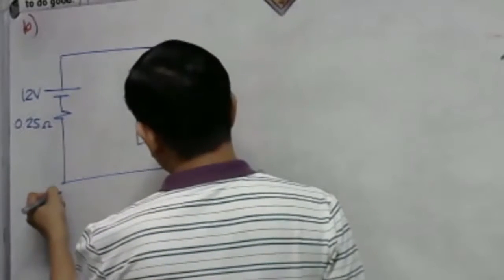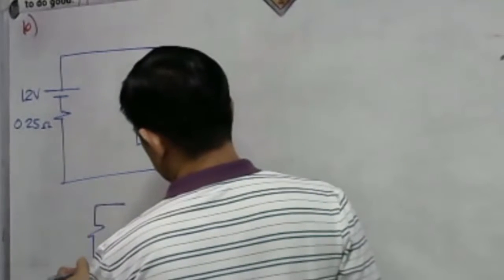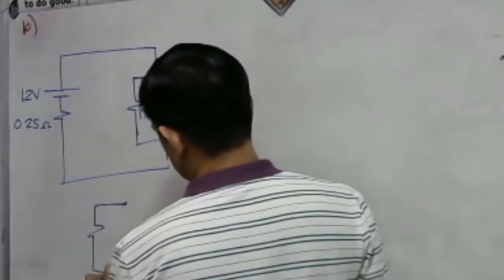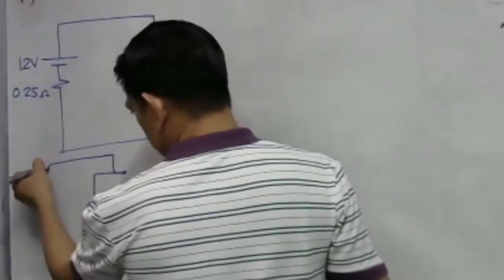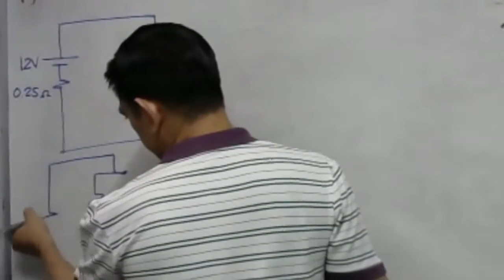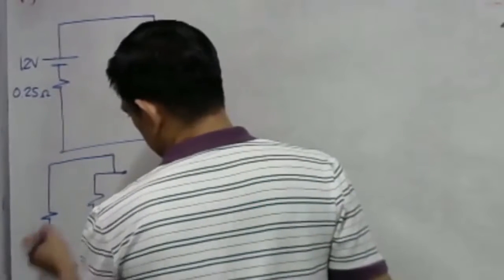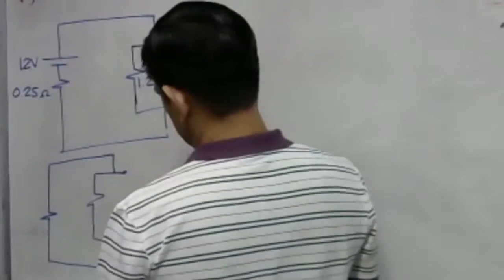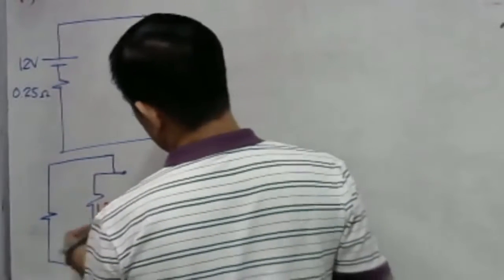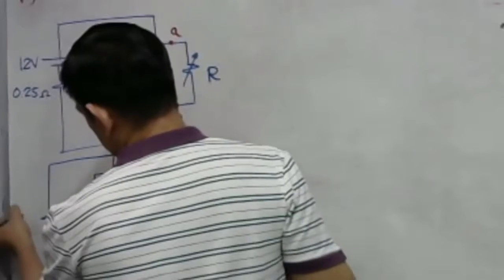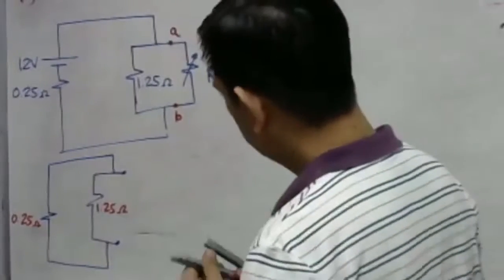So let us have here, okay, I will remove the 12 volts, short the two terminals. Then we have here our resistance here. This is the 1.25 ohms. This is the 0.25 ohm. Okay.